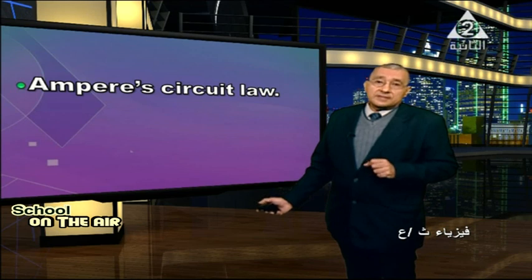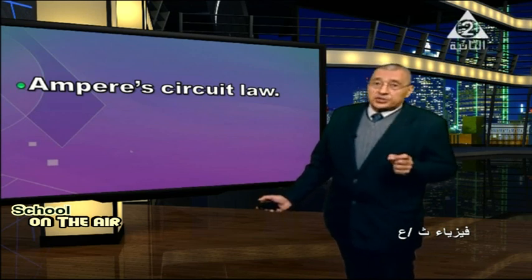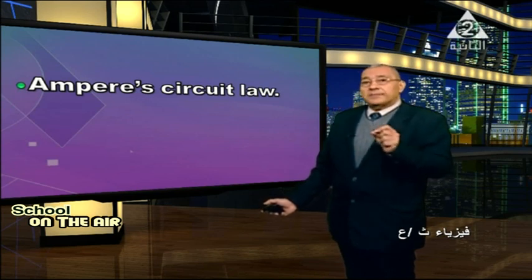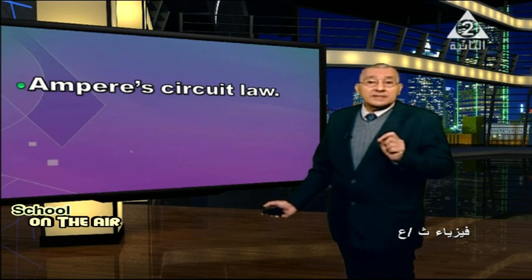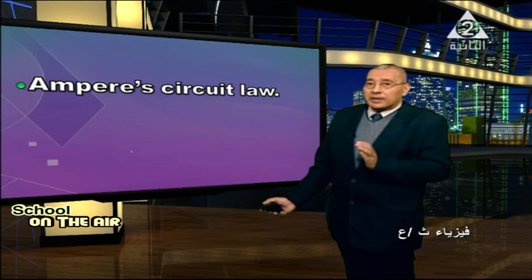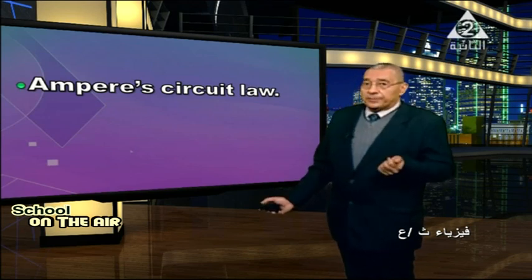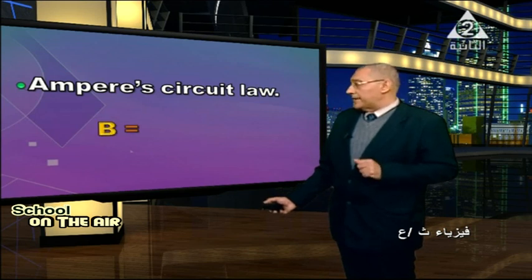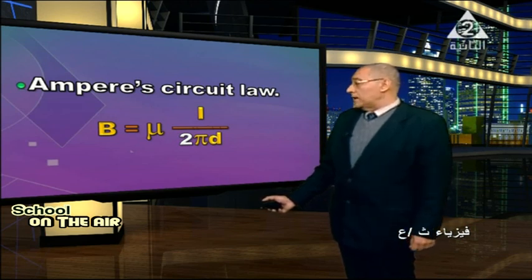It is the law which determines the magnetic flux density at a point of normal distance d from a current carrying straight wire. Can you remember? So magnetic flux density B equals mu, which is permeability, times I over 2 pi d.